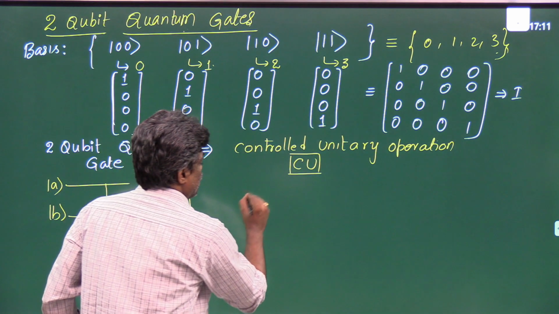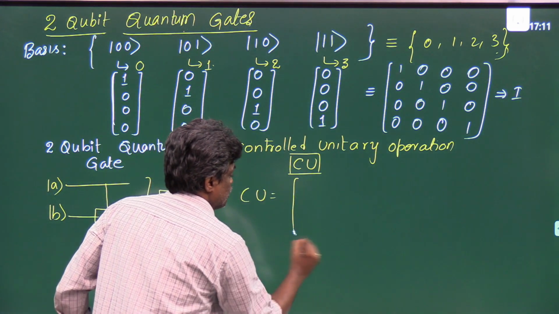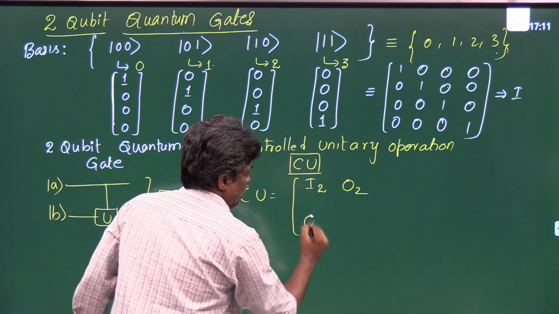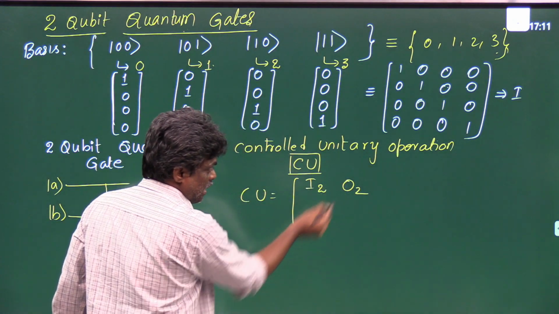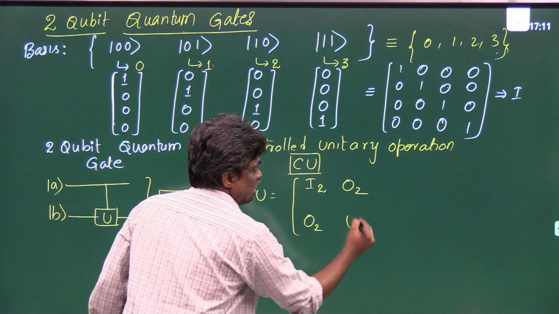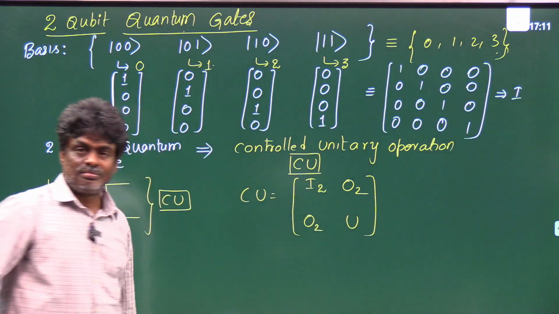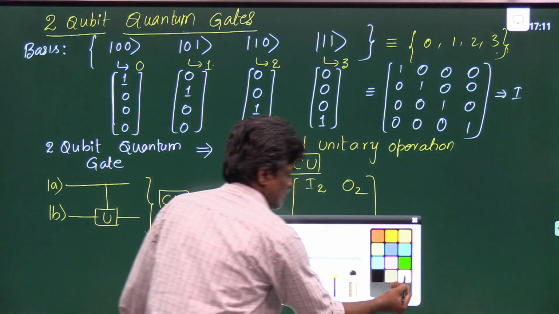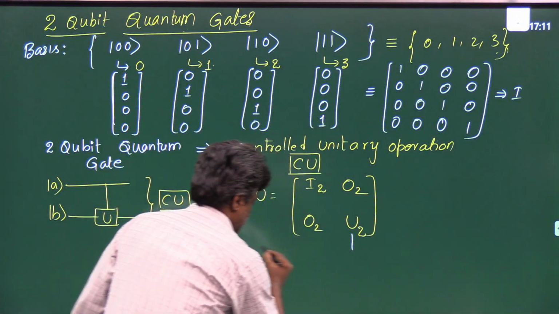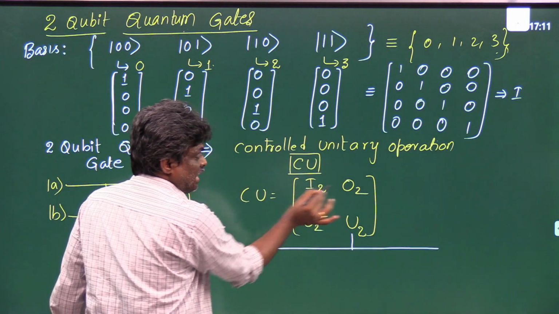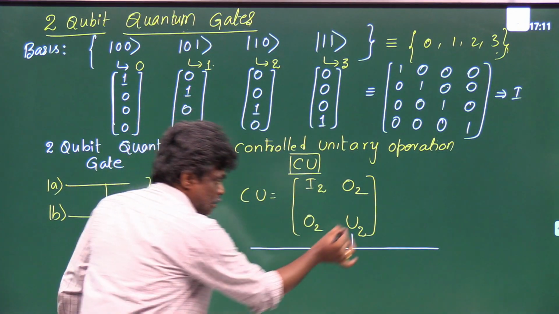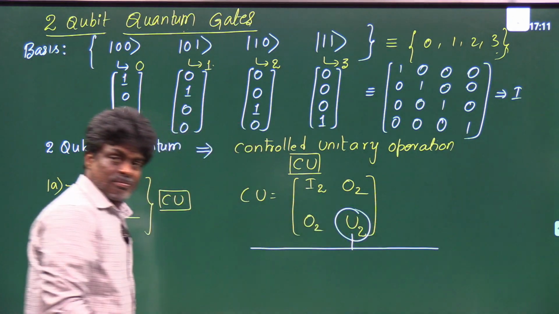But that CU is given by a matrix. Don't get tension, this is very easy. I2, O2 and O2, that means null matrices. This is the identity matrix and this is U. This U is nothing but a 2 by 2 matrix. So now you have a choice. You can't change these three things, I2, O2, O2, but please focus on this.